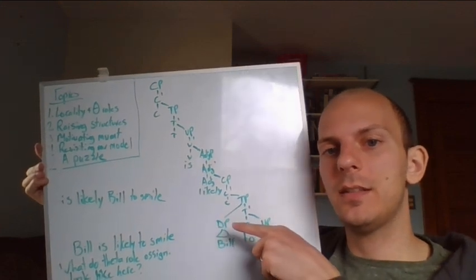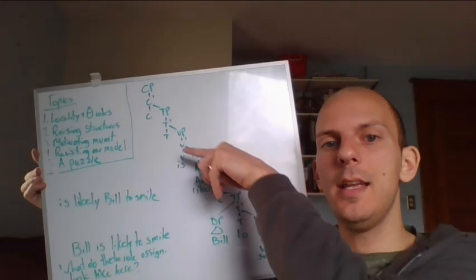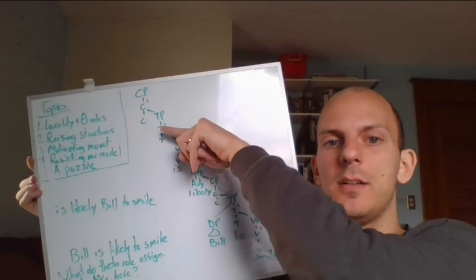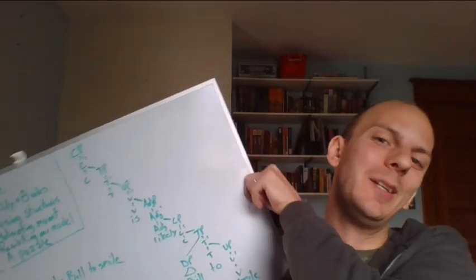Is there something in a specifier of TP down here? Yep, so this clause is fine. Is there something in the specifier of TP for this higher clause? Nope. So this failure of one of our constraints, this failure to accommodate the EPP, is our motivation for movement.